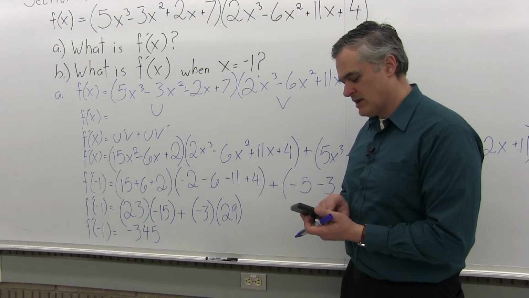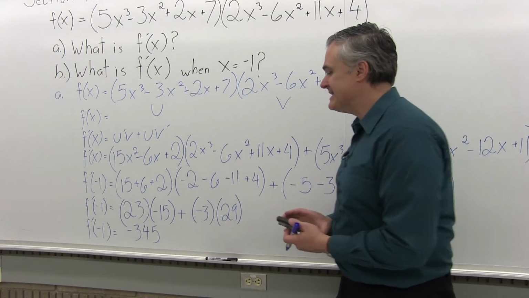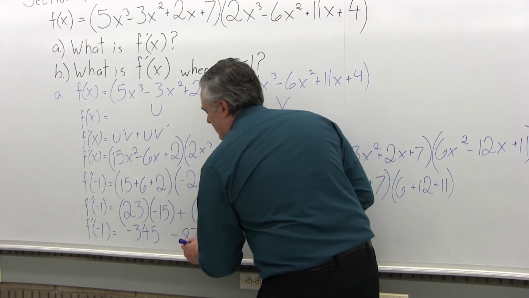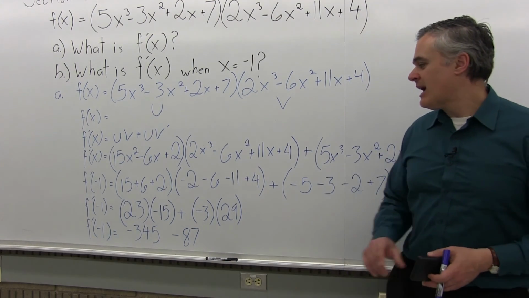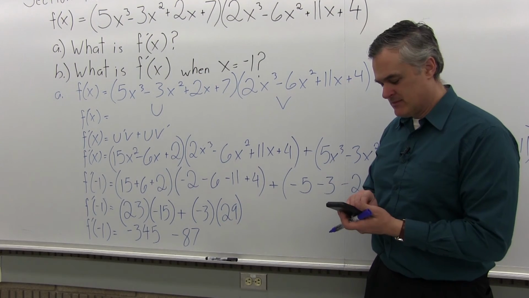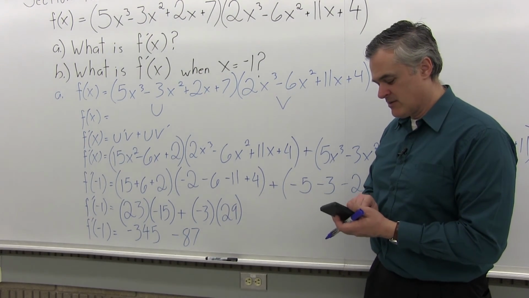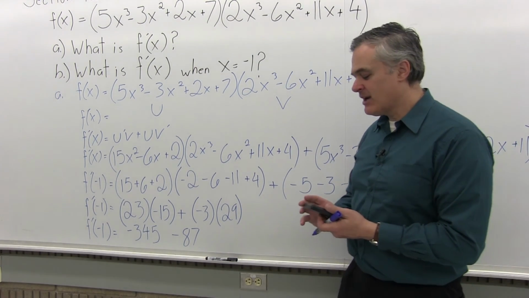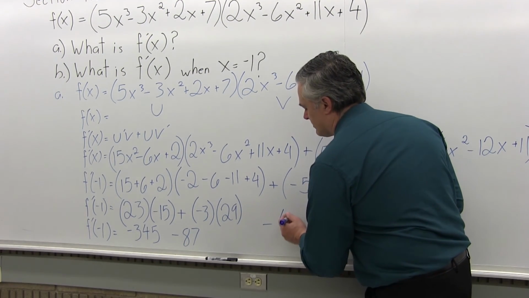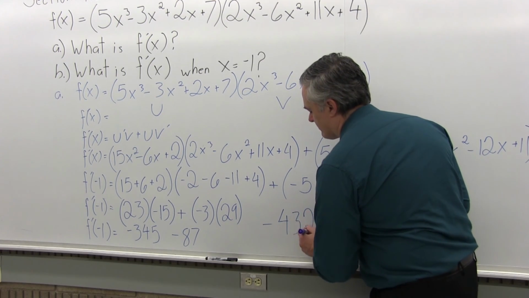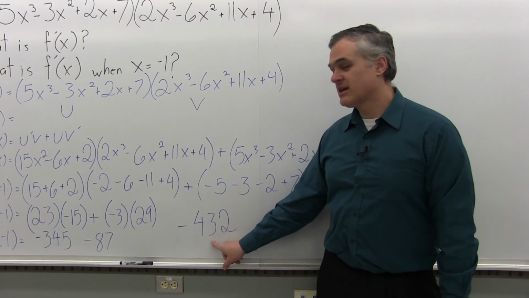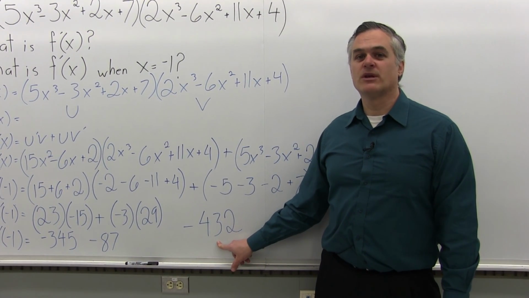So negative 3 times 29 is negative 87. And to finally finish the problem to the end, I have negative 345 minus 87. So in the calculator, I get negative 432. So the value of f prime of x when x is negative 1 is negative 432.